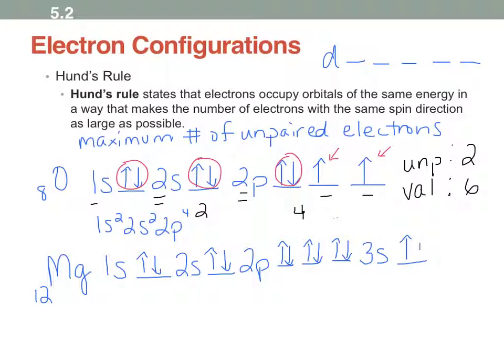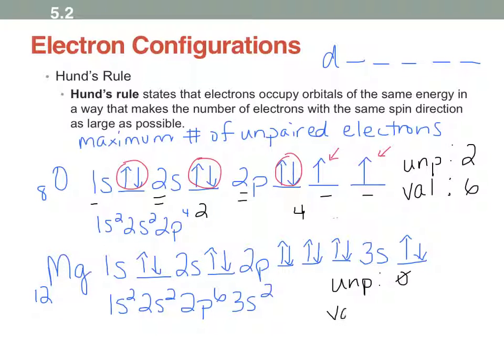That would be 11, and that would be 12. So my short form would be 1s has 2 electrons, 2s has 2 electrons, 2p has 6, and 3s has 2. So then if I moved on to the unpaired, for this element, there's 0 unpaired. Every single one of those electrons is paired up with one of opposite spin.